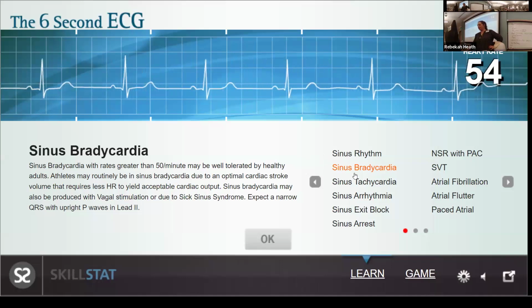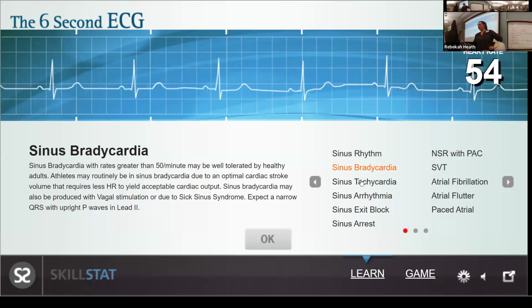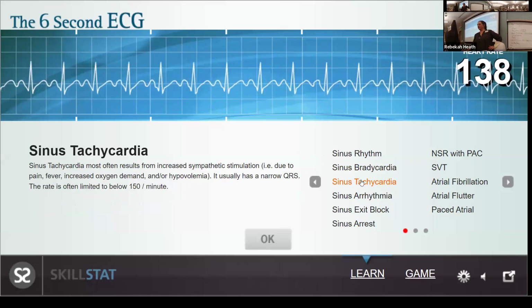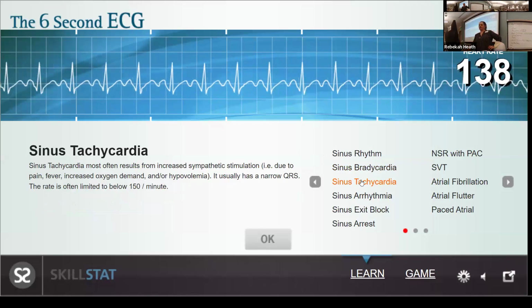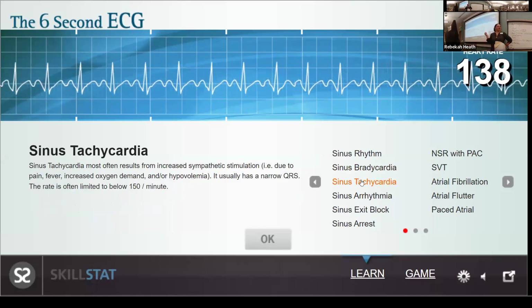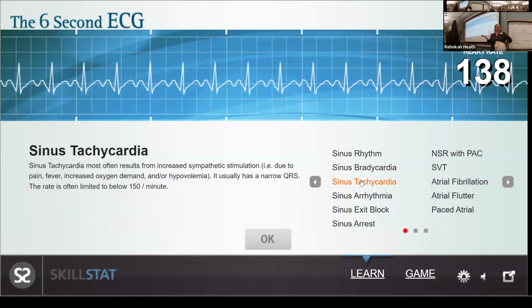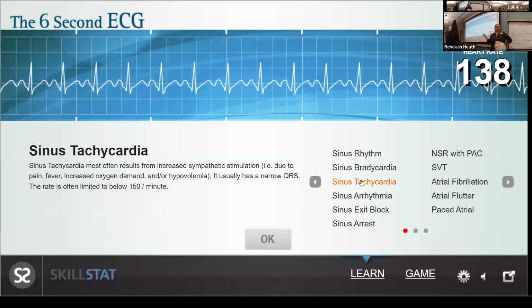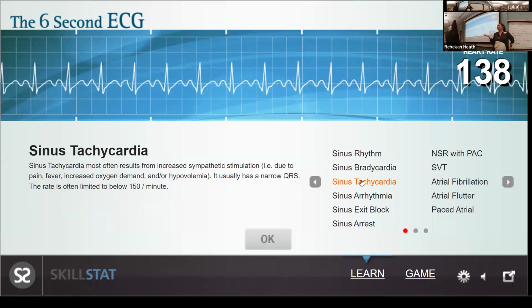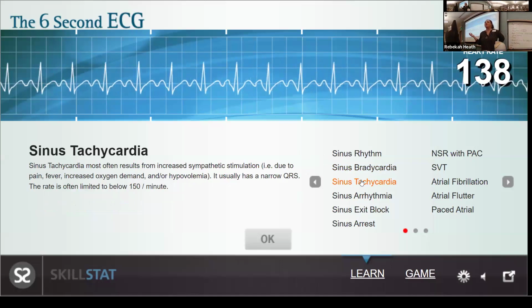It all marches out. What about if we go to sinus tachycardia? What are the similarities between this and normal sinus rhythm? Yeah, it looks the same, just faster, right? You just sped it up.